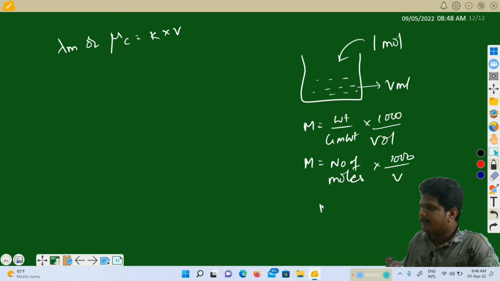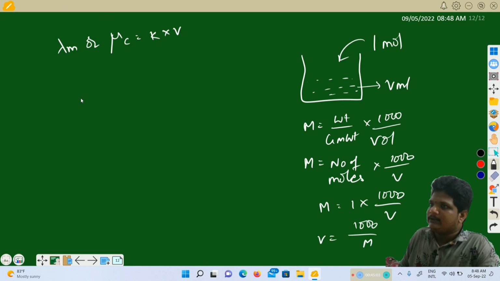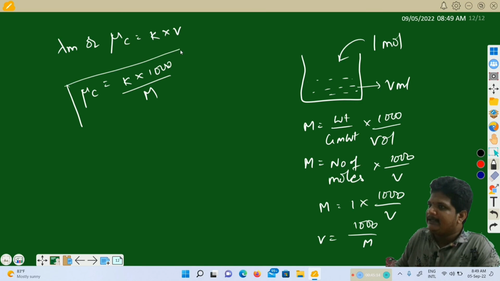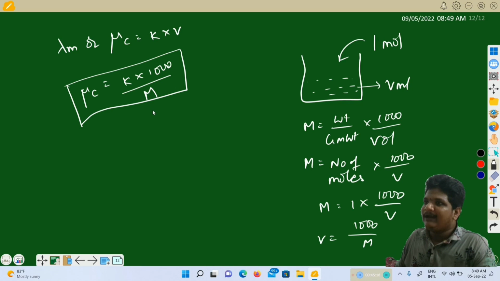So molarity is equal to 1 into 1000 by V, where V is equal to 1000 by M. So mu c is equal to kappa into 1000 by M. This is the relationship between the concentration of the electrolyte solution and molar conductance, where M is the molarity of the electrolyte solution.